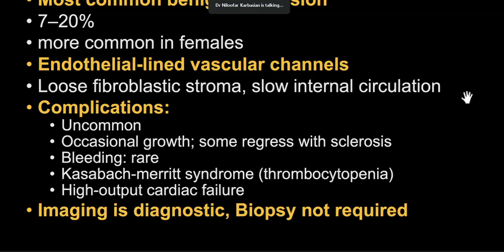The large ones sometimes are associated with this syndrome that can cause thrombocytopenia, Kasabach-Merritt syndrome, and sometimes they can cause high output cardiac failure in the cases of very large ones, or hemangiomatosis when there is more than 10 large ones throughout the liver.